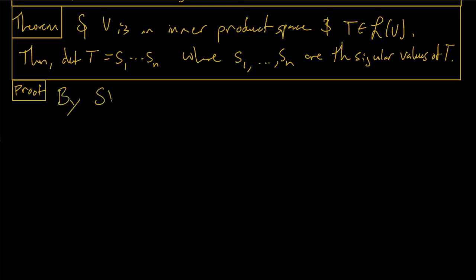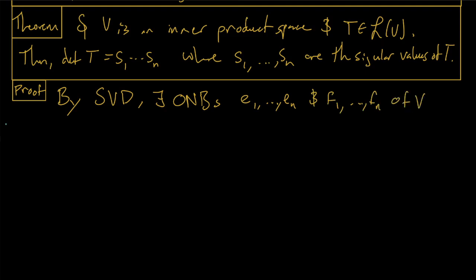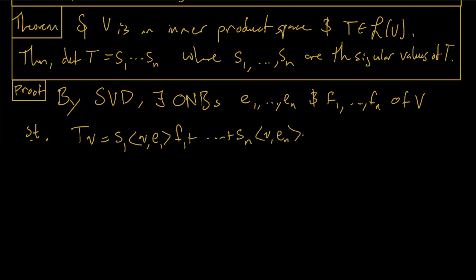By singular value decomposition, there exist orthonormal bases e1 through en and f1 through fn of V such that Tv is equal to s1 <v, e1> f1 plus ... all the way down through sn <v, en> fn.